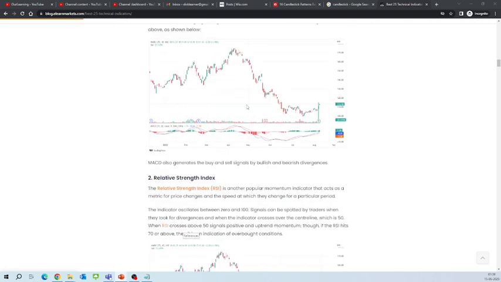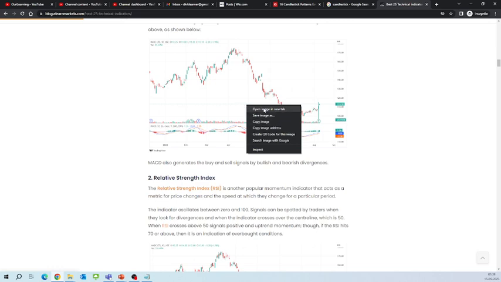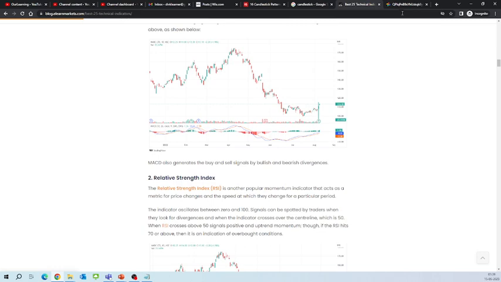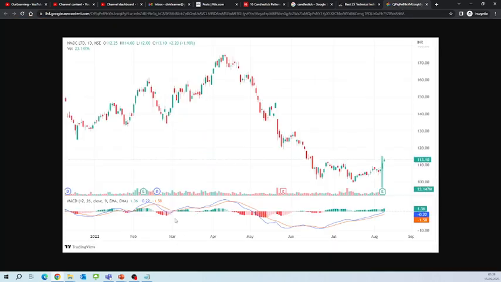Let's open this chart in a different page, image in new tab, and try to understand. Here, the blue line is the MACD line, and the red line is the signal line. Whenever this blue line cuts and goes above the orange line, you will see that there is a rise in the market. The moment the orange line crosses the blue line, it gives you the downfall.